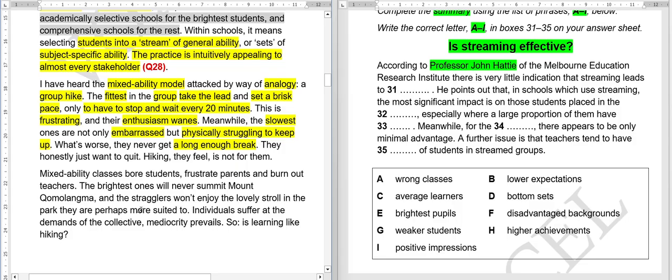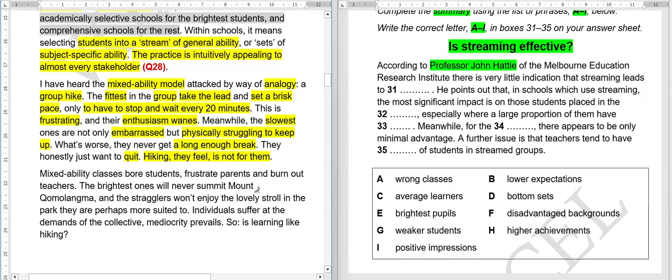Hiking, they feel, is not for them. They will feel hiking is not made for them because they are feeling embarrassed, they are struggling for breath, and they are not getting enough rest to catch up with their breath.